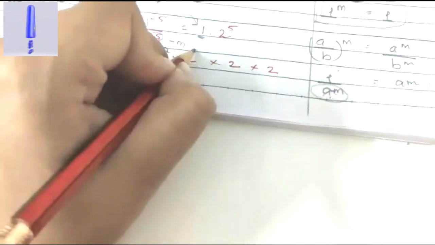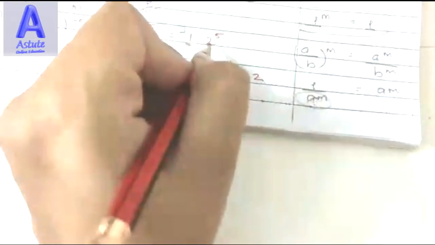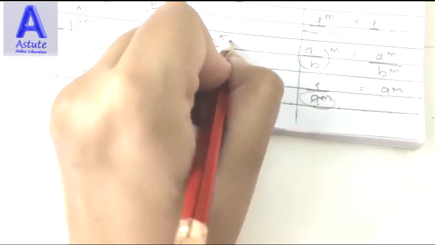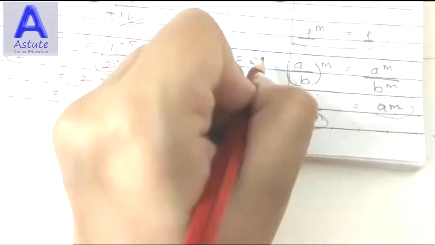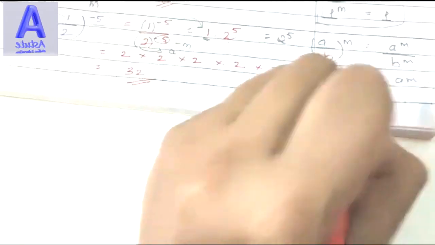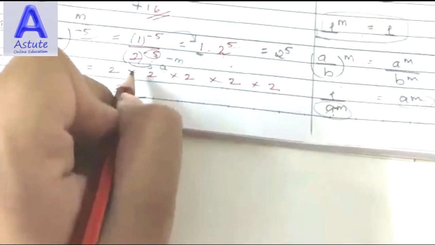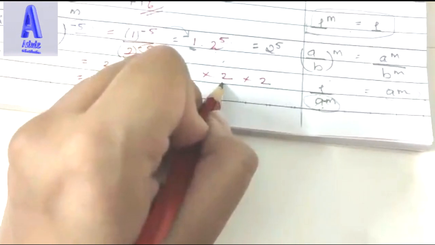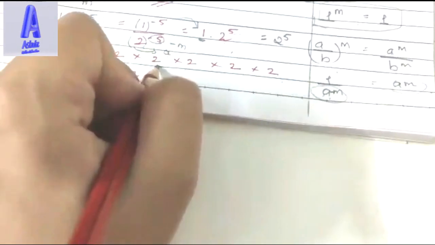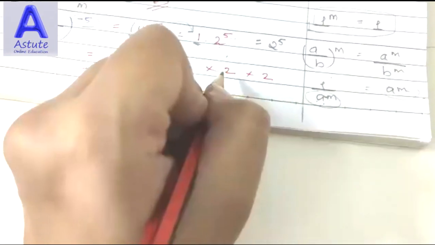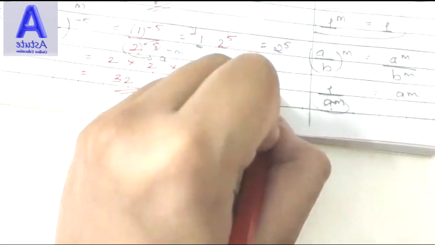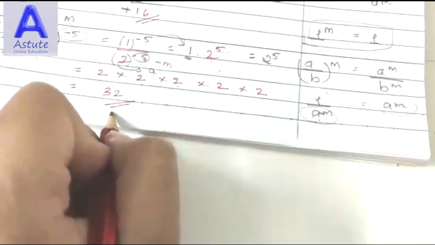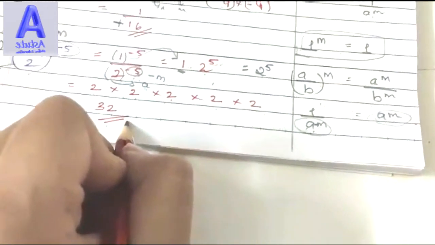So it becomes the simple form of 2 to the power 5. Expanding it, I get 2 into 2 into 2 into 2 into 2. Now 2 2s are 4, 4 2s are 8, 8 2s are 16 and 16 2s are 32. Gives me my answer, 32.